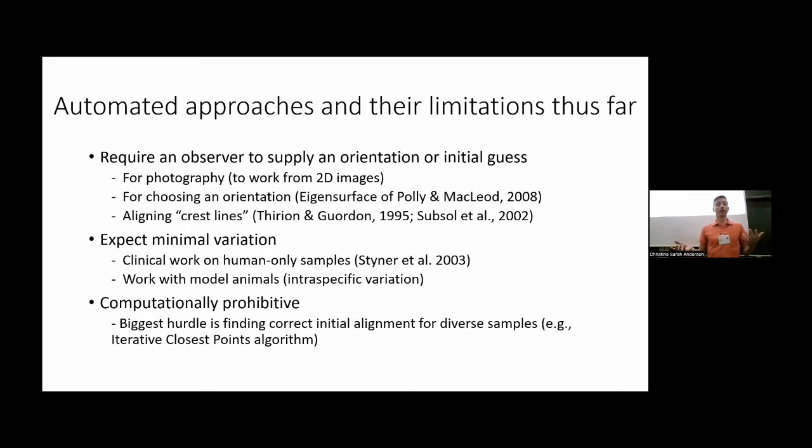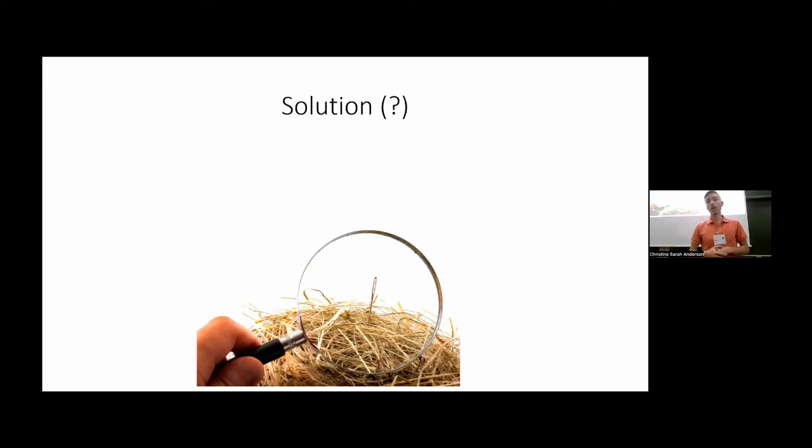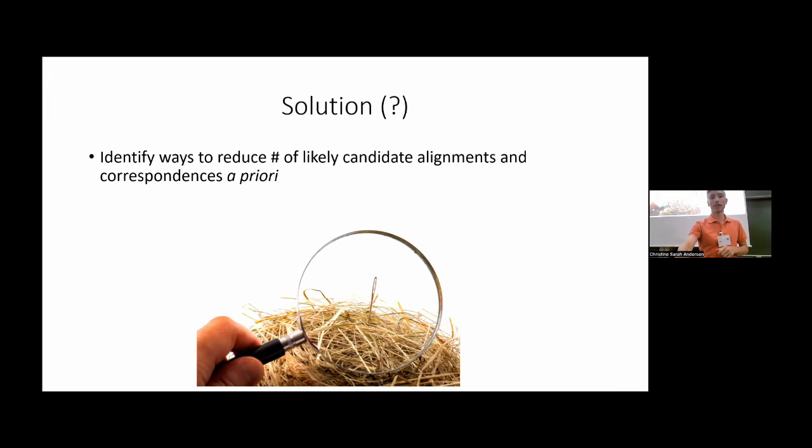That's probably the biggest hurdle: finding a way to get good alignments and registrations that aren't too computationally prohibitive. The alignment and registration among digital shapes is a computationally difficult problem. There are infinitely many ways to register two shapes to each other, so to find the optimal mapping is difficult.